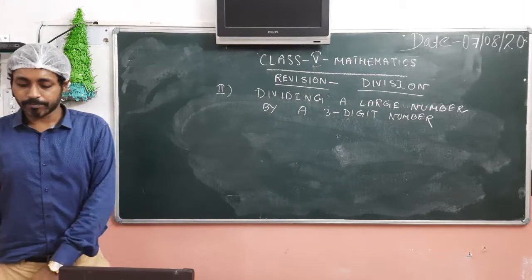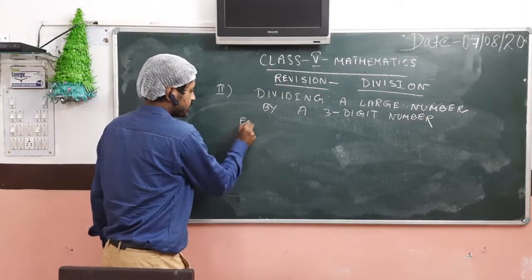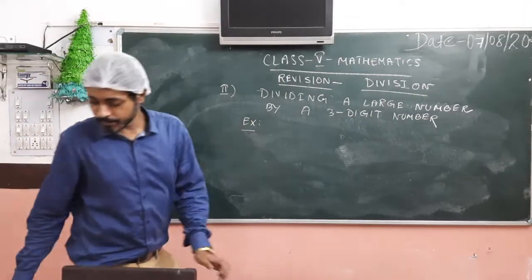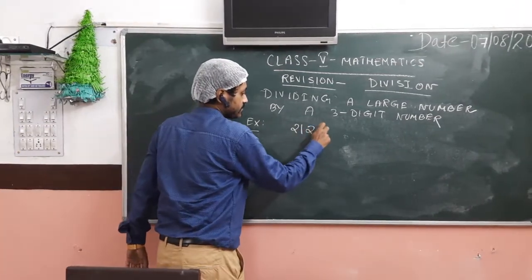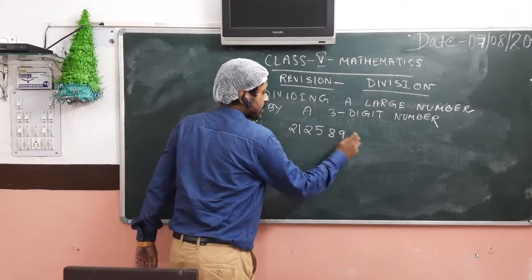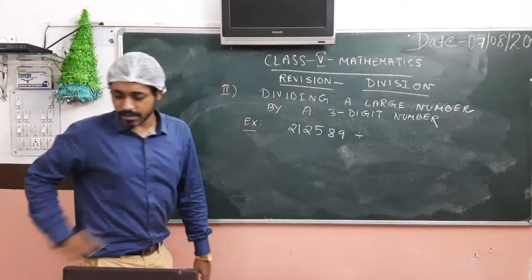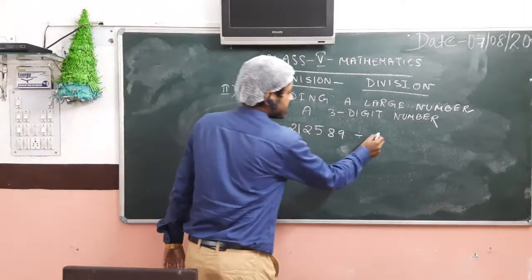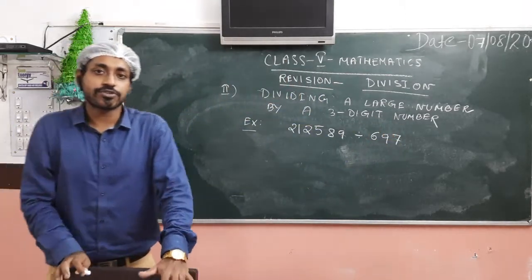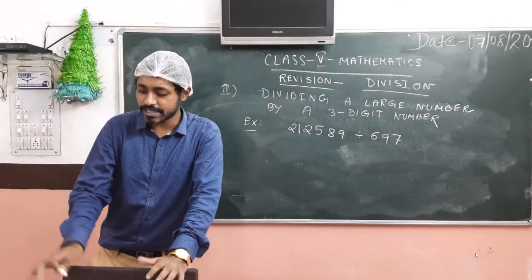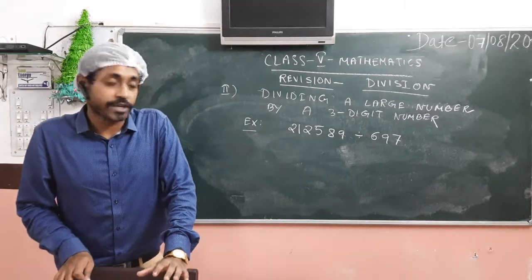That will be a topic. The example that we should consider is, say, 212589 divided by 697. Now you have already received this in your lesson plan, so you can correlate with your lesson plan to see how I am doing it.